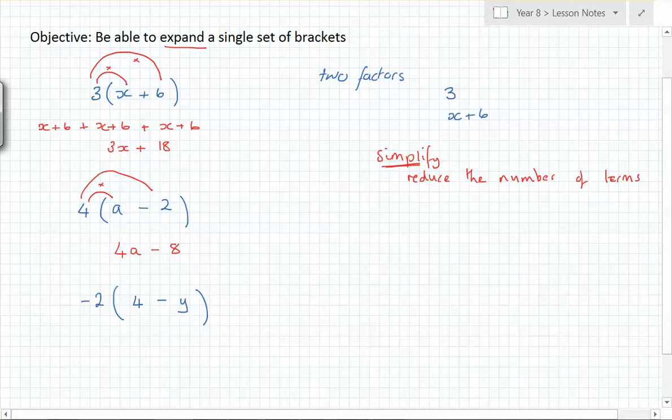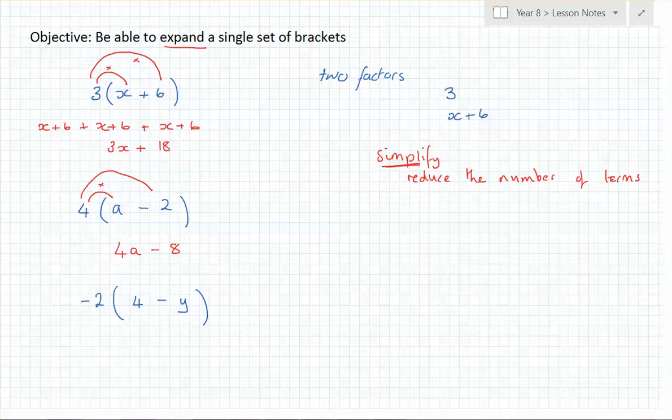Louis, what do you think? It's definitely a hard one, because this one doesn't really make sense with writing it out like the x plus 6, does it? Like, how do you write minus 2 times, minus 2 lots of anything? This is where maths gets a little bit more abstract.